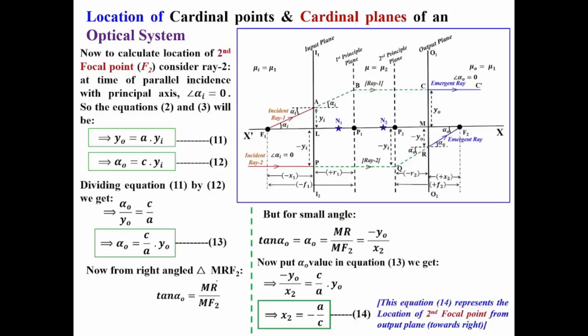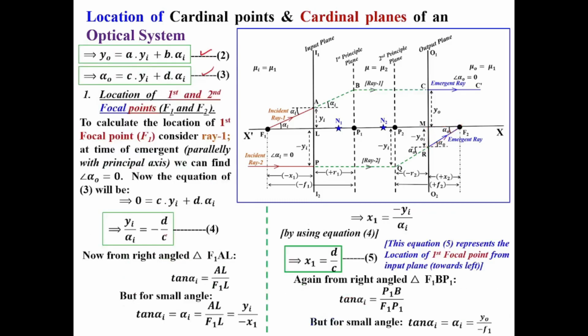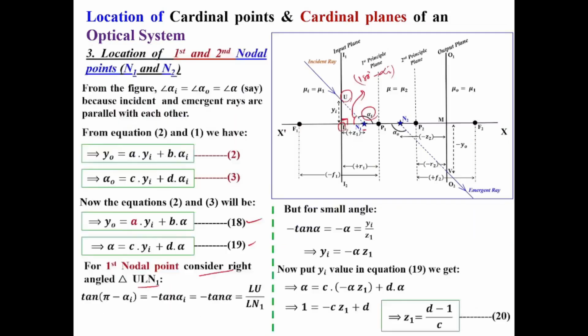Here, if I consider MRF2, I consider this triangle and its inside angle. Similarly, here the F1AL triangle, tan alpha I, is also the inside angle. Similarly, to calculate the nodal points, we have to consider the inside angle.